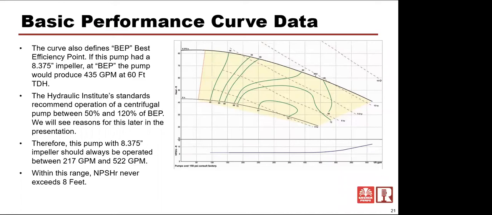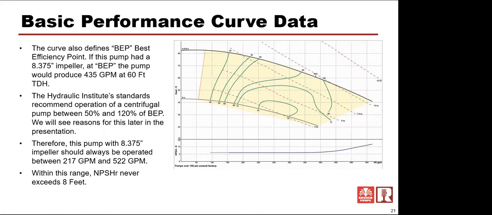They always recommend that a pump be operated between 50% and 120% of best efficiency point. So in this particular case, if the best efficiency point was an 8.375-inch impeller, that pump should always be operated between 217 gallons a minute on the very bottom side and 522 gallons a minute on the top side.